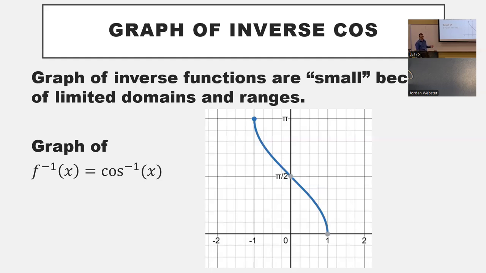That meant that if we want to graph inverse cosine, we're going to limit the domain and range so that we have a one-to-one function. And it's just going to be this piece.